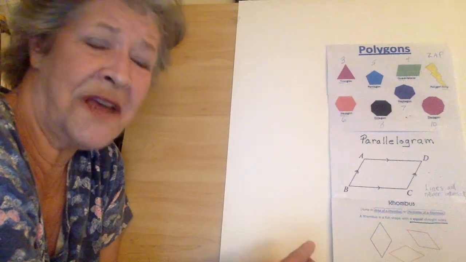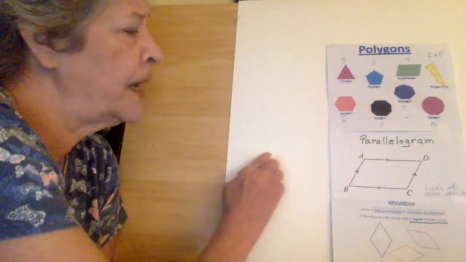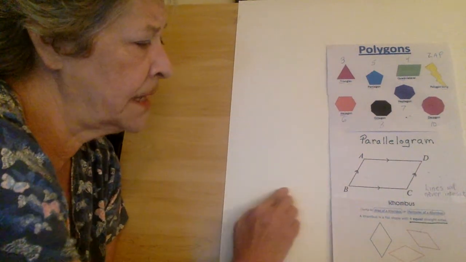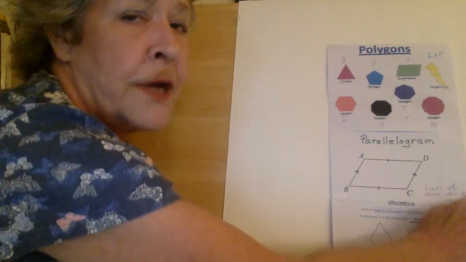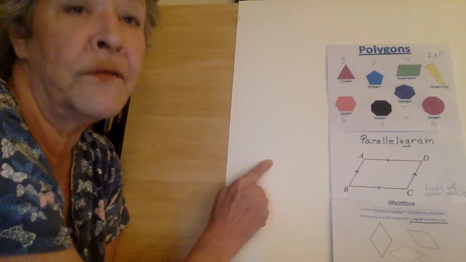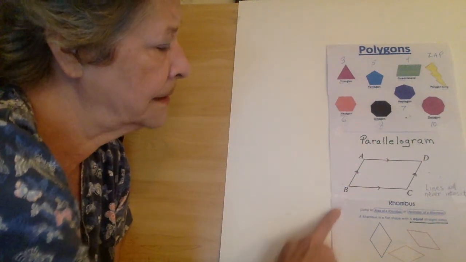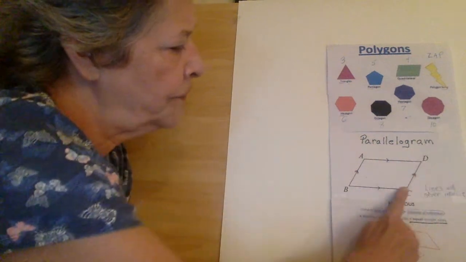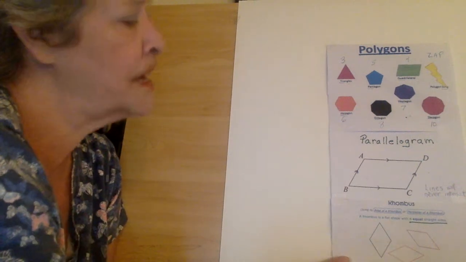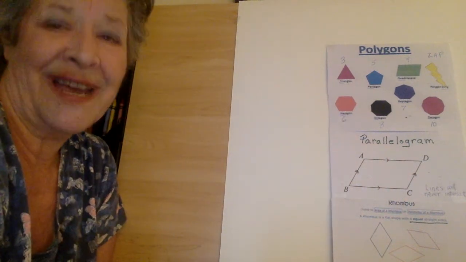The best definition of a parallelogram is if I draw this line all the way out forever and ever and ever, and I draw this line the whole way out forever and ever and ever, these two lines will never meet. They will never intersect. And if I did it the same way here, I drew these lines out forever and ever and ever, they will never intersect. They are always of equal distance each way.